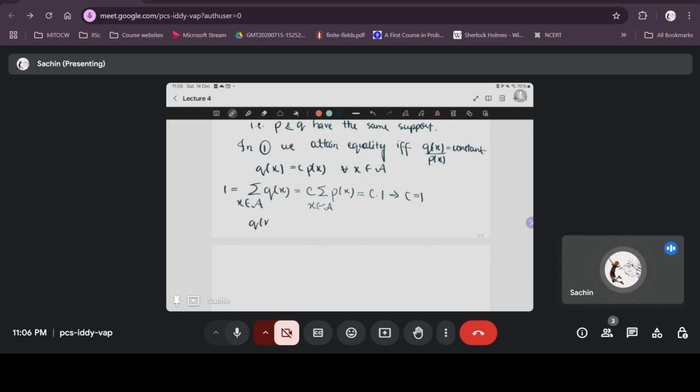So equality if and only if q(x) is equal to p(x) for all x in A. And that proves the information inequality. That is, the relative entropy is always a non-negative quantity.